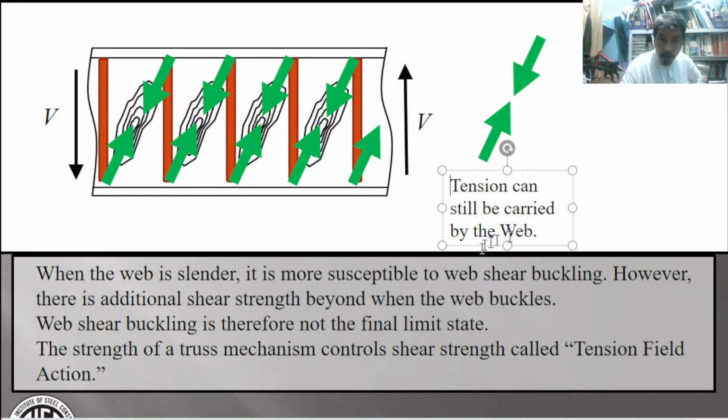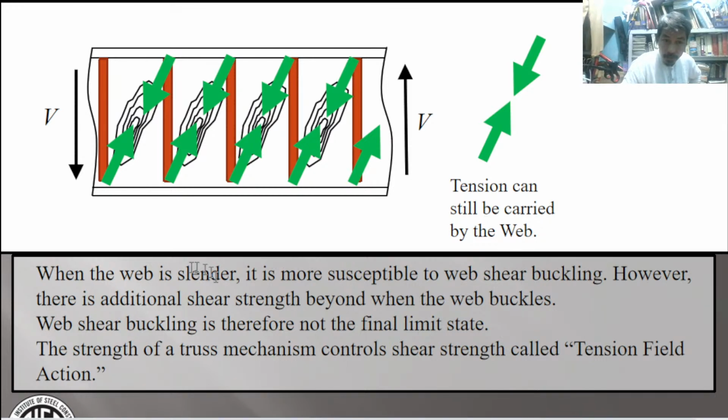Tension can still be carried by the web. Okay, can still resist like this, even though there is buckling on that. Can still resist.